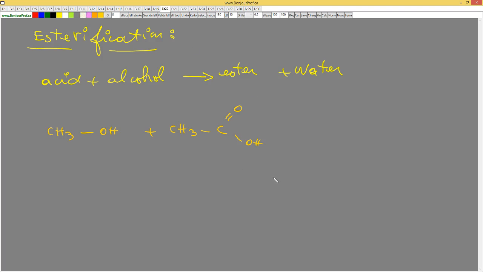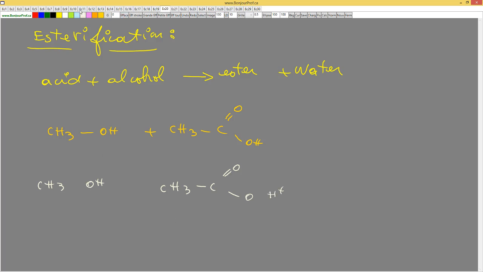Okay, so what will they give me? Look what will happen. I'm going to write them like this, CH3OH, and I have CH3CO and the OH here. But this bond here will be broken, I will have H plus. This one will be broken because it is double displacement.